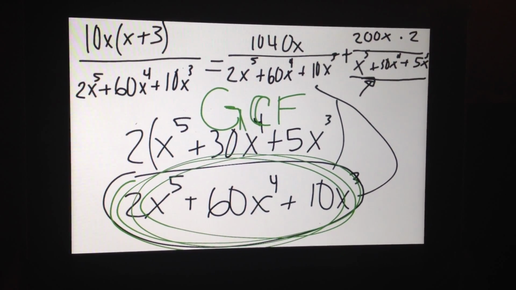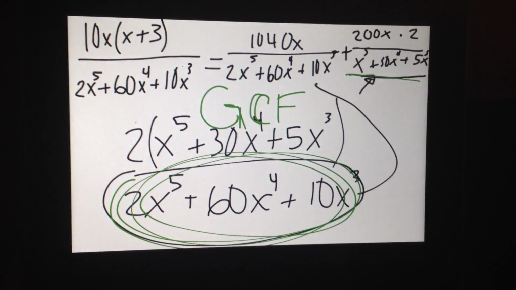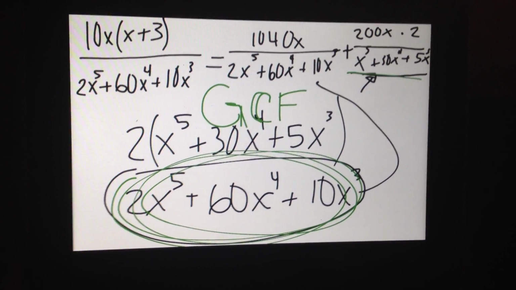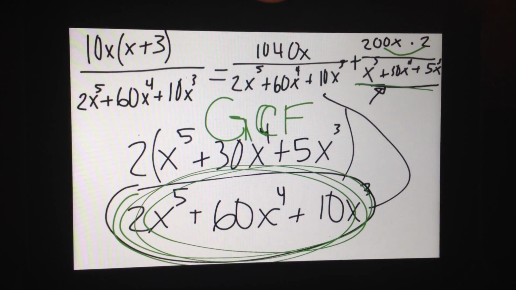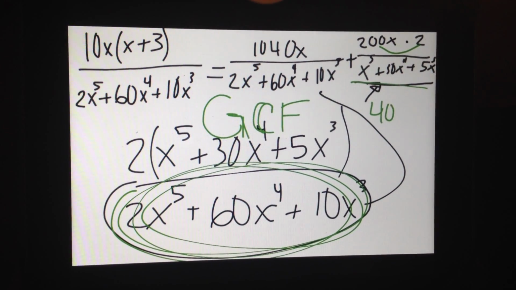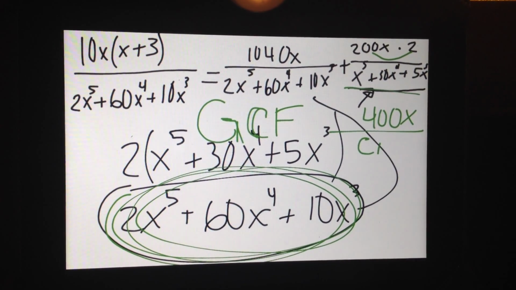Okay, so now that I multiplied this by 2, I have to multiply this top part by 2. So 200x times 2 is going to end up being 400x. So now I'm going to have 400x over the GCF.